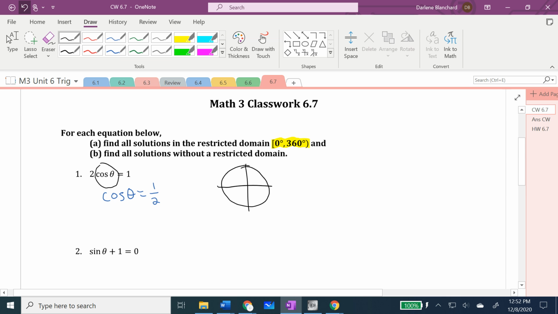If I'm dealing with cosine, is that the x or the y coordinate of the unit circle? Good, the x. So if I replace cosine theta with an x, and then I say, okay, draw the line x equals 1/2, you're going to draw a line that is vertical.